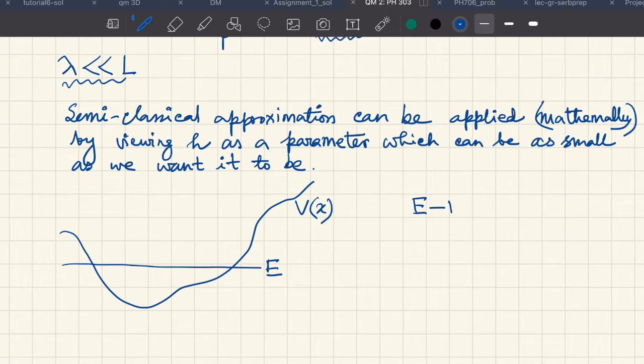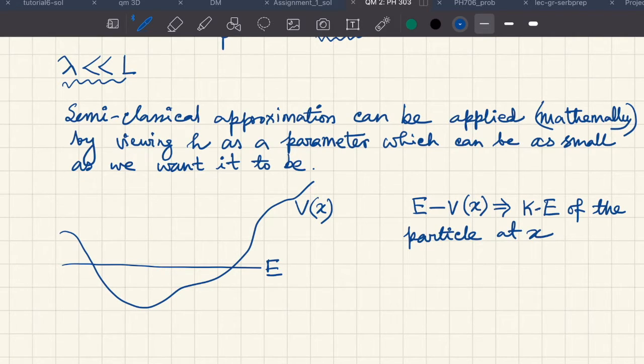So E minus V of x will give me the kinetic energy of the particle at x.